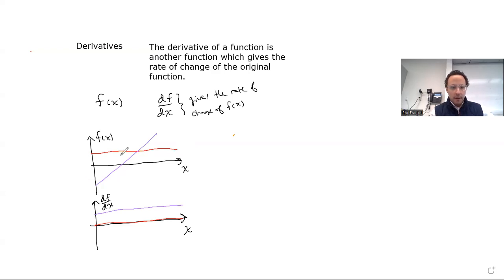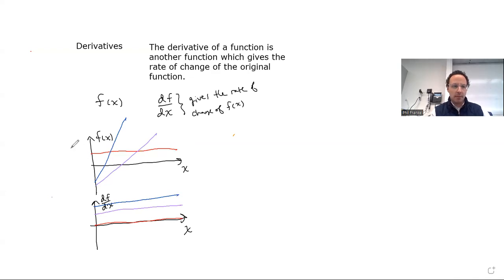If I have a steeper, let's say something like this, it's a bigger slope, right? If I have a steeper linear function that I'm plotting, then its derivative will be a higher valued constant positive number.